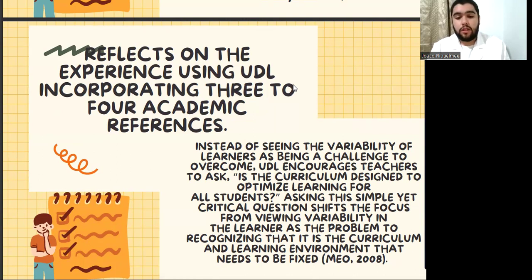Asking this simple yet critical question shifts the focus from viewing variability in the learner as the problem to recognizing that it is the curriculum or learning environment that needs to be fixed. So we as teachers have the task, a mandatory task, to create a specific environment for those students, even though we don't have the resources.